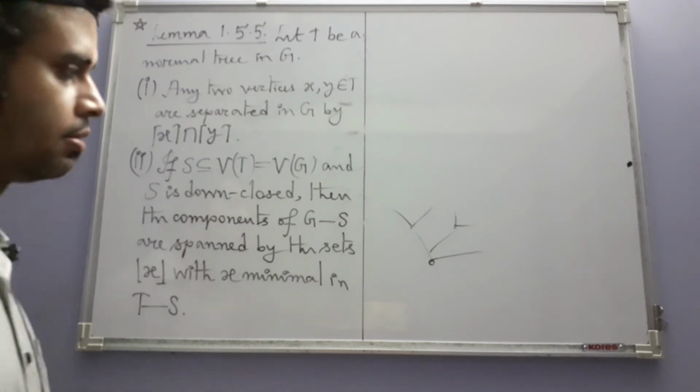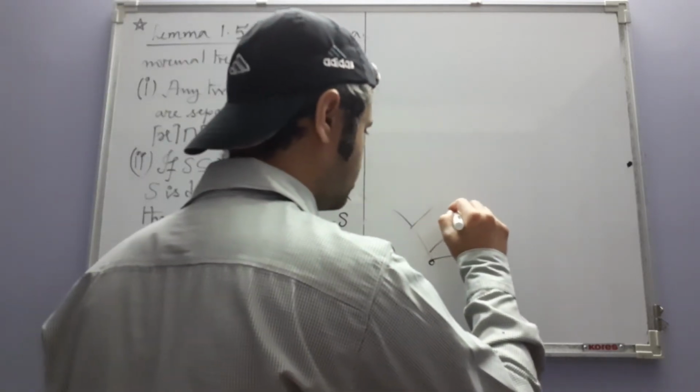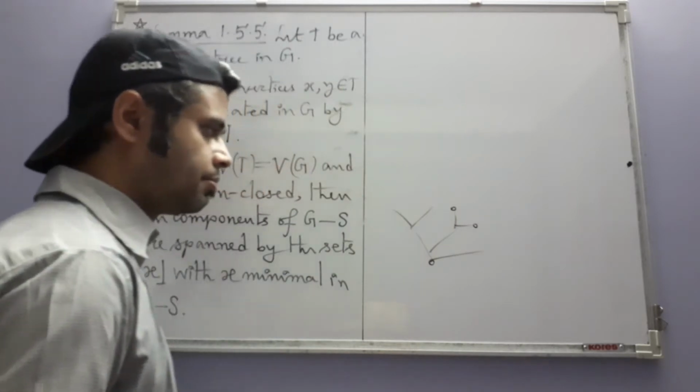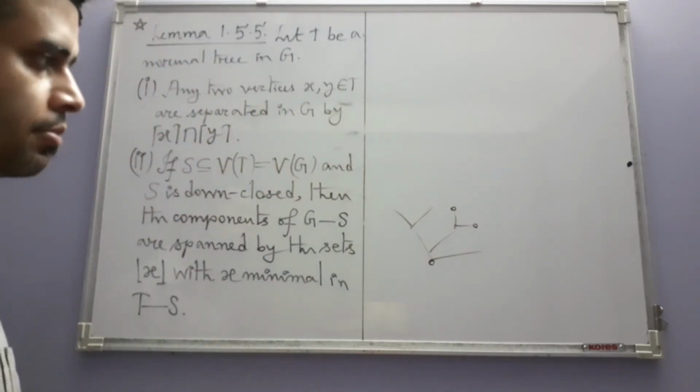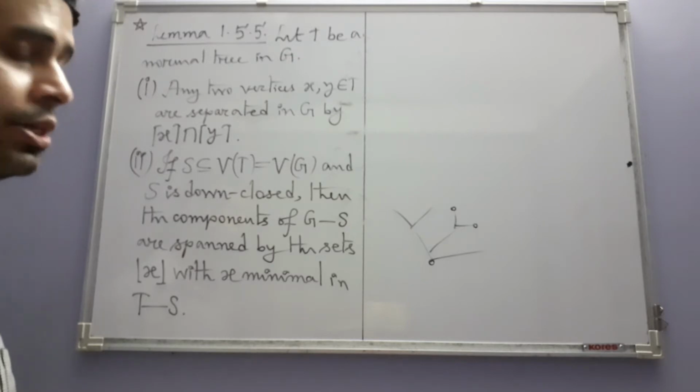It is, because if you consider any two vertices, do they form a T-path?